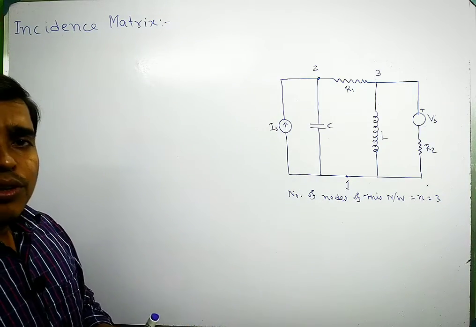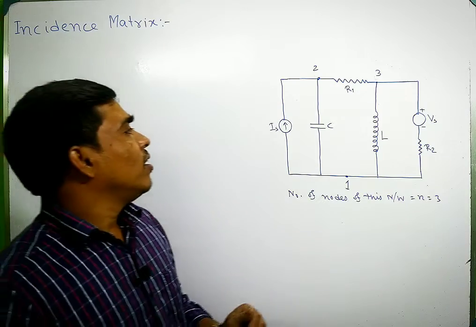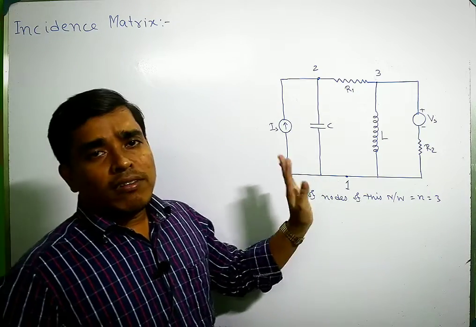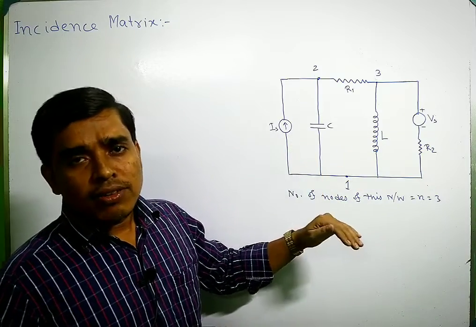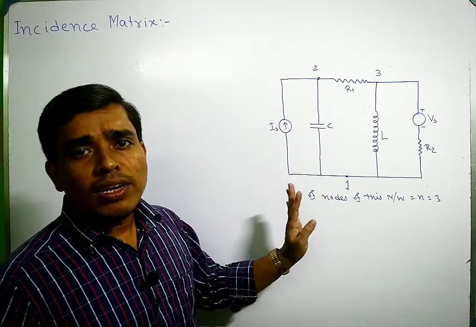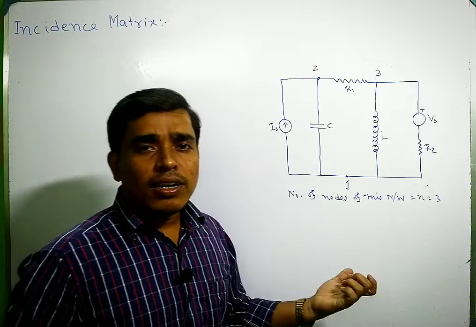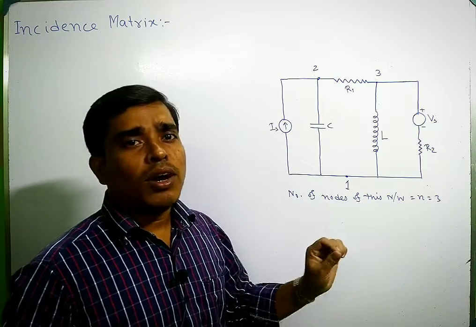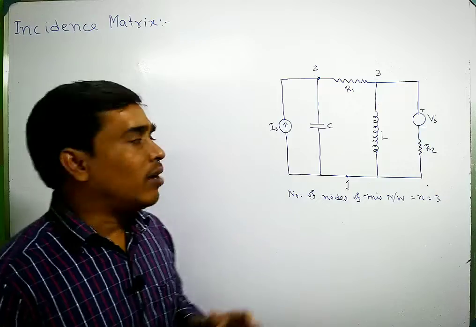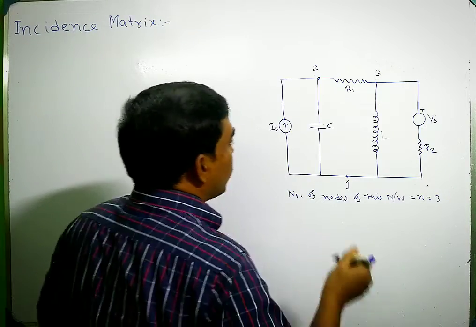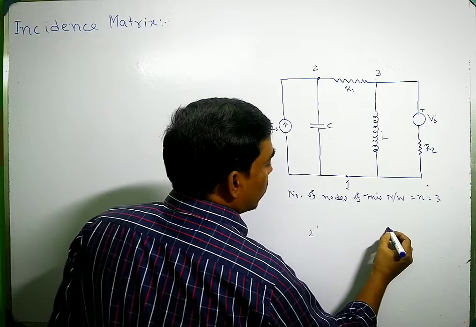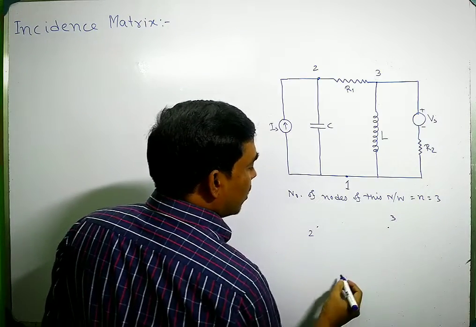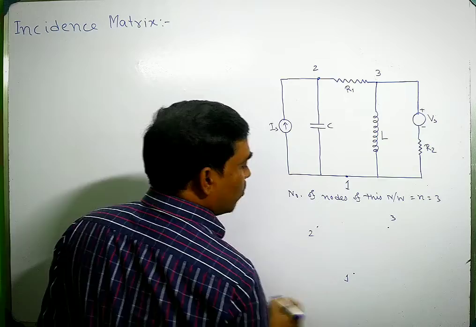Now, to make the incident matrix of this network, we have to convert it into its equivalent graph. In an earlier class I already discussed how to create a graph. So this is node number 2, this is node number 3 and this is node number 1.